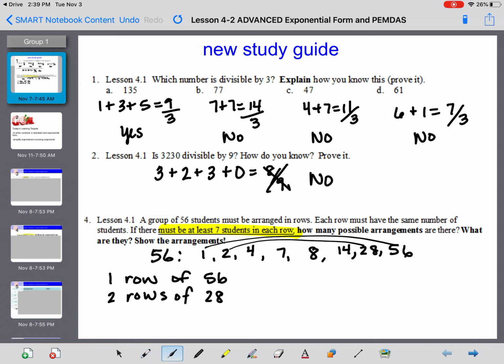I could have 4 rows of 14 kids. Or I could have 7 rows of 8, or I could have 8 rows of 7.